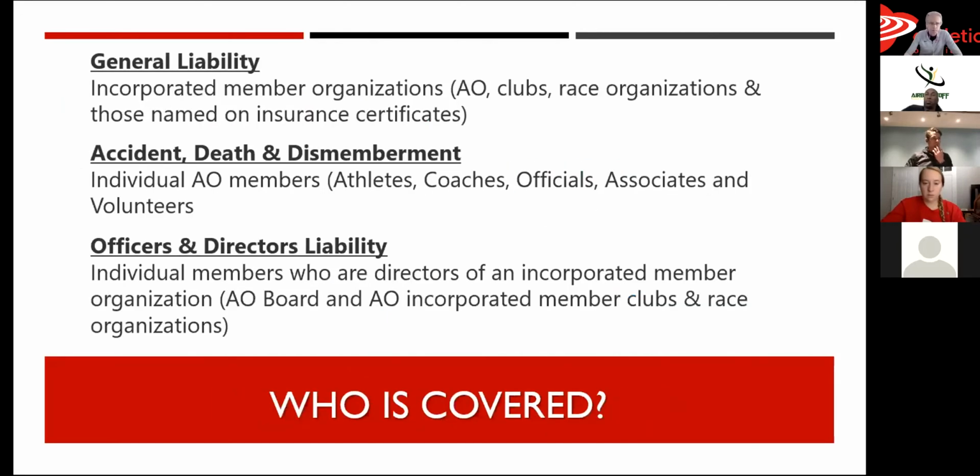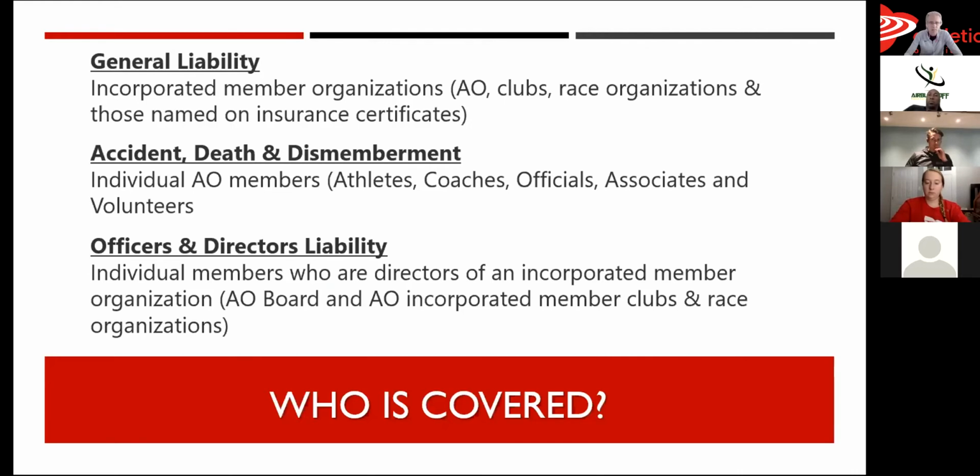Just from a who's-covered perspective, this is always one of the big questions that's out there. So who's covered under these policies? Within the general liability, essentially all incorporated member organizations, I mean, those are the organizations that can be sued. They have to be incorporated to be sued, as well as individual members. Those would be covered.